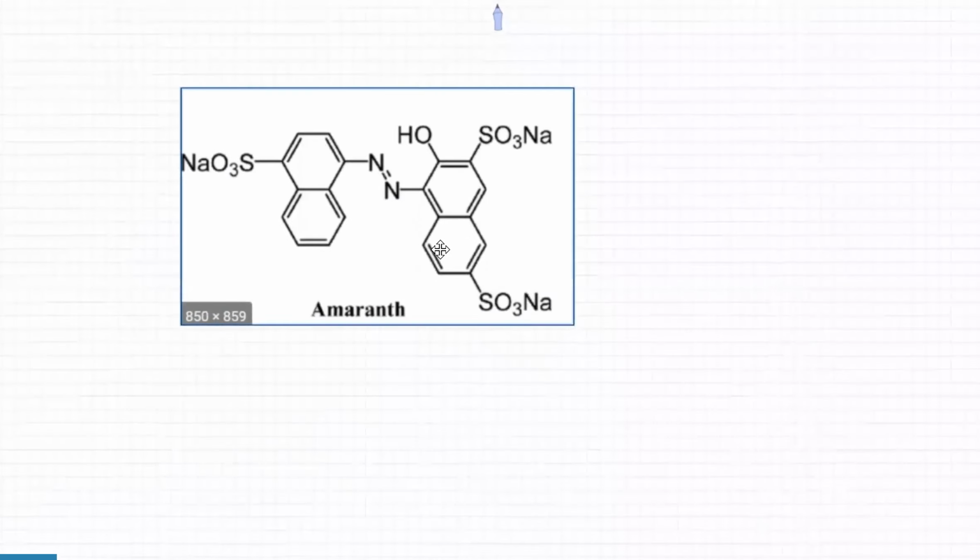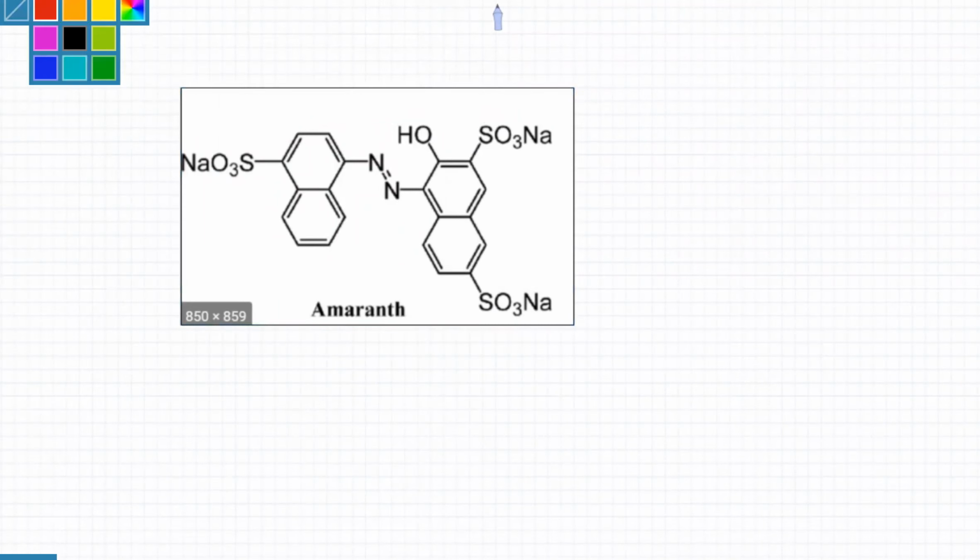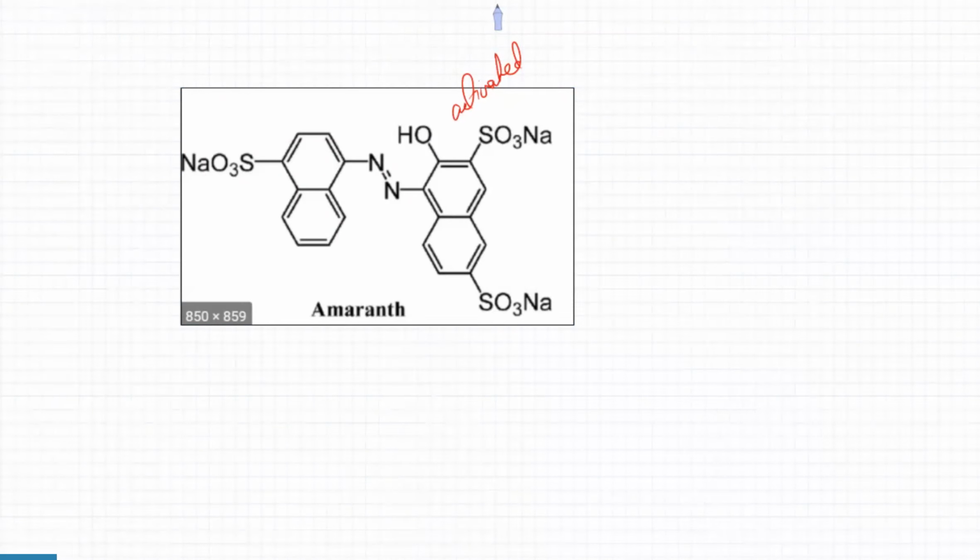So where did the N triple bond N plus one come from? This benzene or the right one? Which one is the activated benzene? Right one. That's the activated one, right?